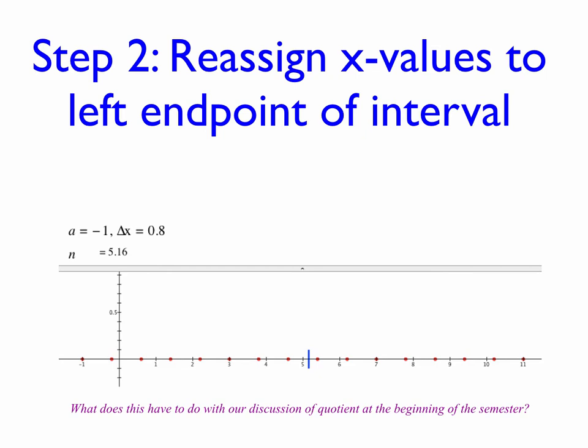And the way that we're going to do that is we're going to reassign current x values to the x value at the left end. So in this case, I've got a current x value of 5.16, and I want to reassign this x value to the x value at the left end of the interval it's in. Okay, so far so good?